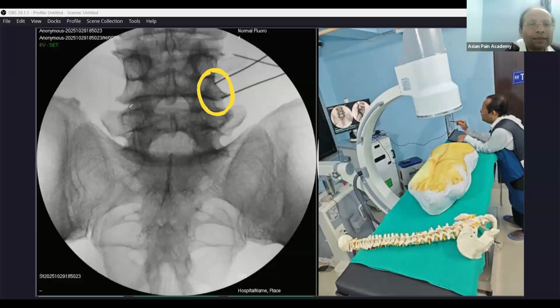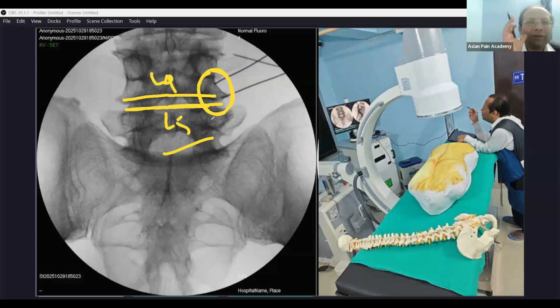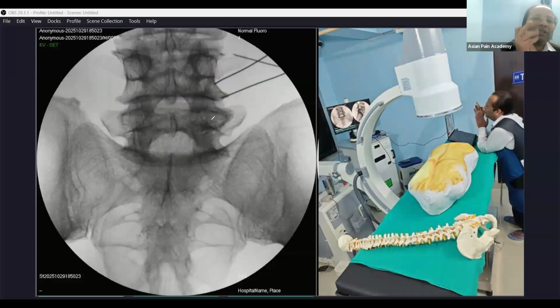The upper end plate of L5 or lower end plate of L4, both are very near. You can choose any one of them, both will have the same result. It is not much important here.